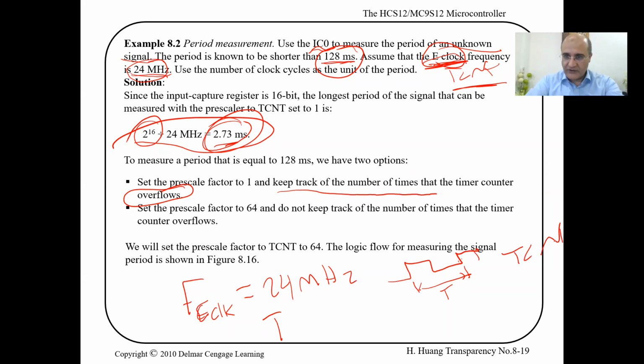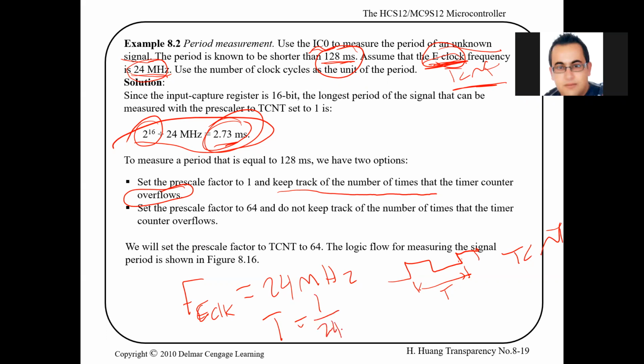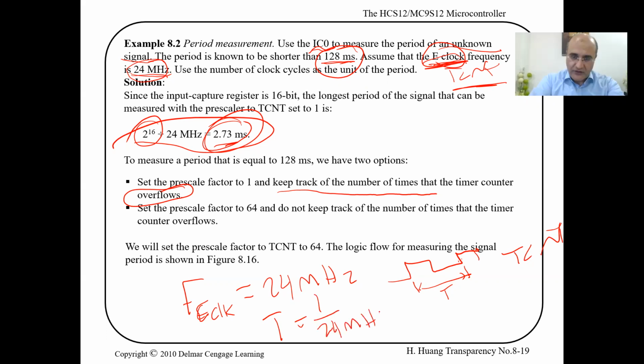So it will increment. This time is 1 over 24 megahertz. The TCNT timer is 16 bits, so it will count 2 to the 16, 65,536 times this, and this will be 2.73 milliseconds.